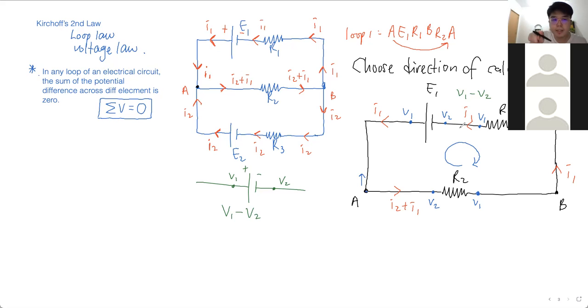You choose clockwise. Whatever the point before the component is 1, after is 2. Then we take V1 minus V2. The next one, V1, after that V2, V1 minus V2. The next one, V1, after that V2, also V1 minus V2.